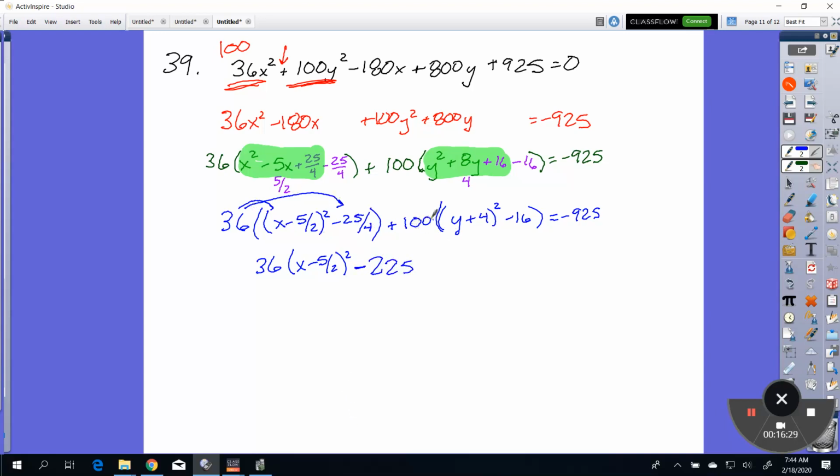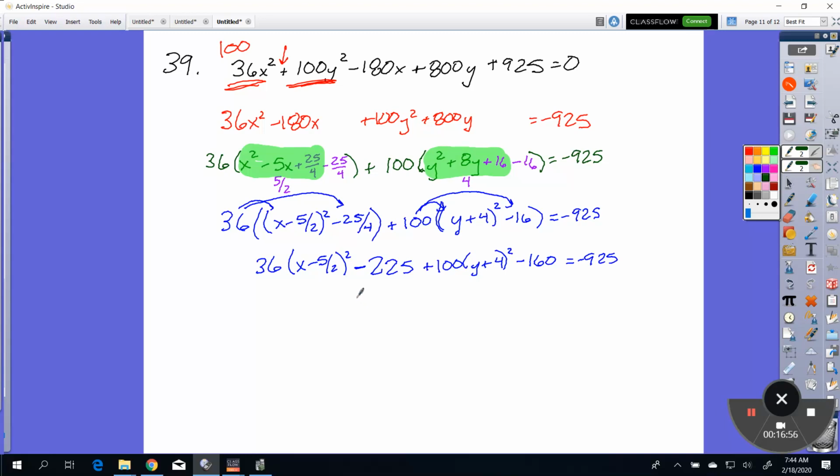On the other one, I need to distribute the 100. So that's going to be 100 times y plus 4 squared minus 160. So that's the 100 distributed to both of those pieces. Equals negative 925. We're getting closer.